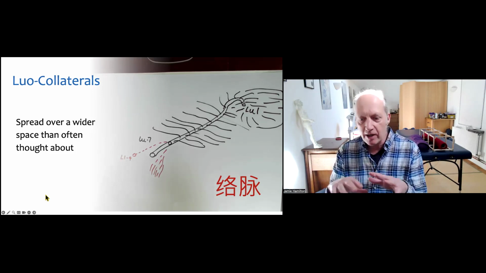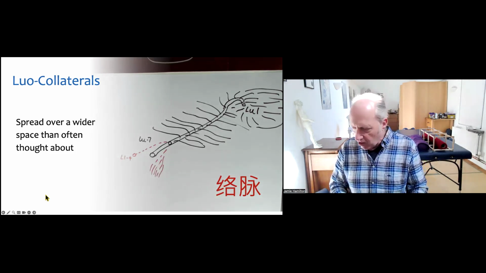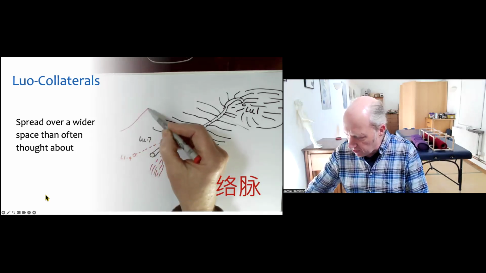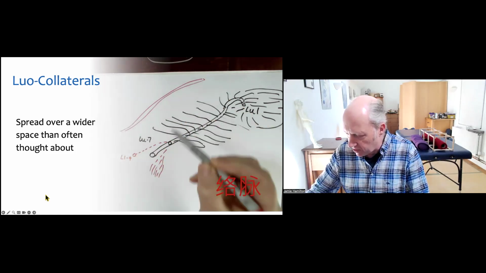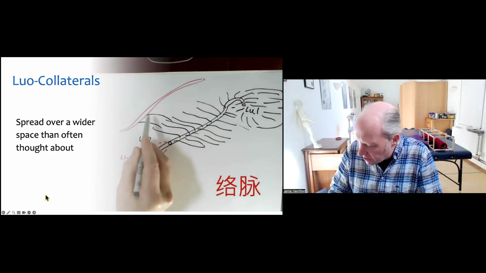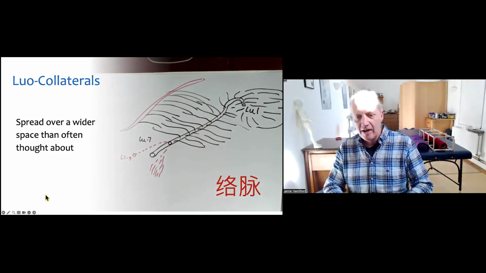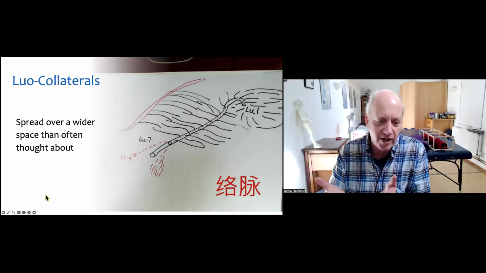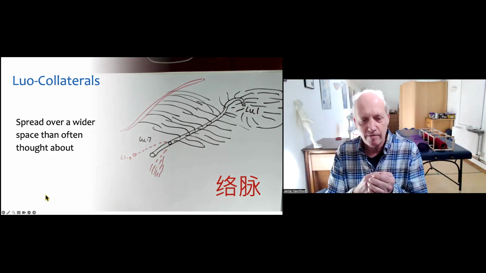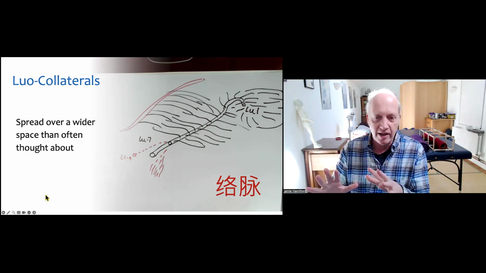One way of thinking about this is that over to one side, the other channel that it could connect to is running, and it is trying to reach it by this kind of meshing motion. So it makes more of a 3D version of what our channel system is. I think it's quite an exciting model, really, and it expands the idea of the channel system in a good way.